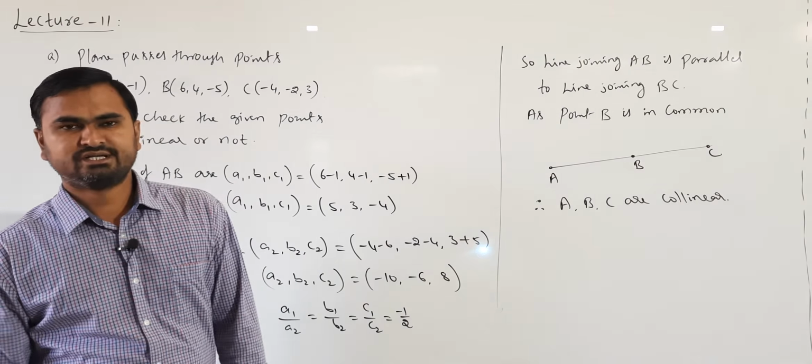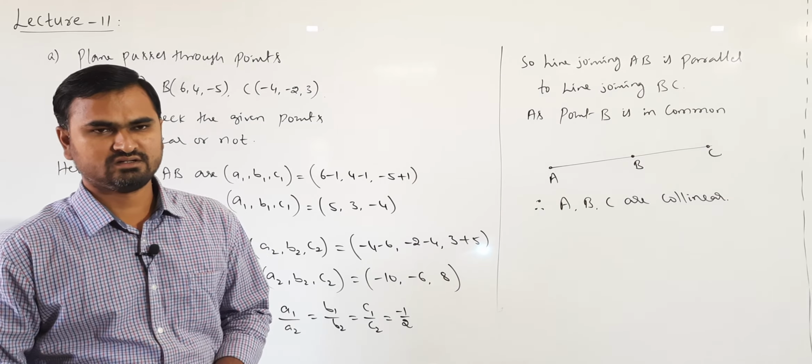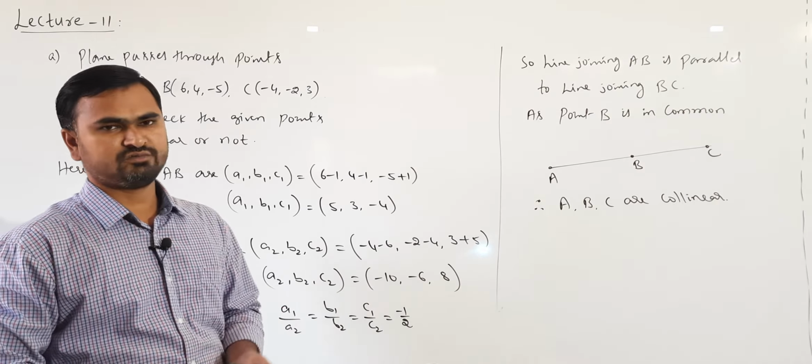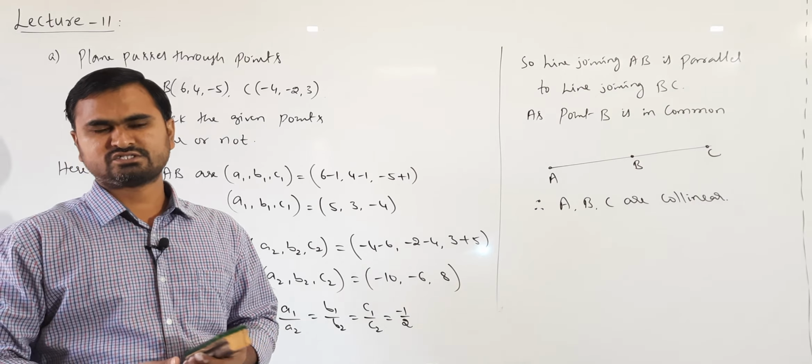So when we come to know that the 3 points are collinear, we know that there exist an infinite number of planes. Now we cannot write the equation of all such planes.